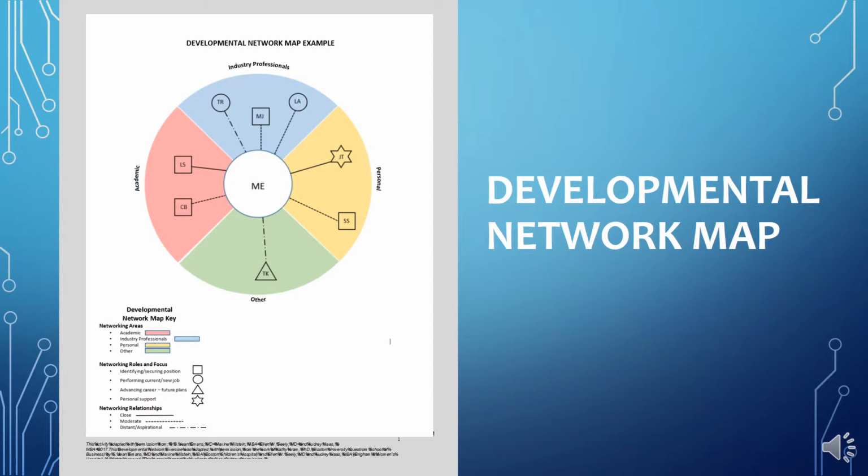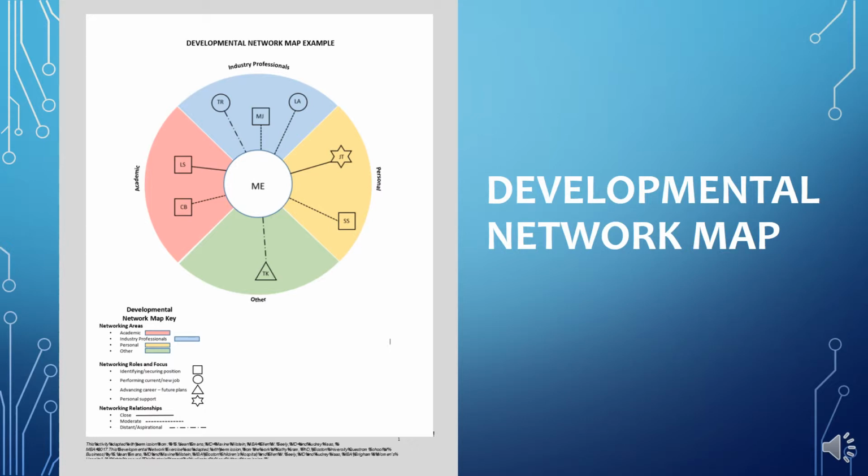For each person identified in the table, students were to position them by initials in the colored section associated with their current area. Then they were to show the networking role or focus by using the shape associated with that role. Square for helping to identify positions, circle with performance of job, triangle with advancing their career, and star with personal support.